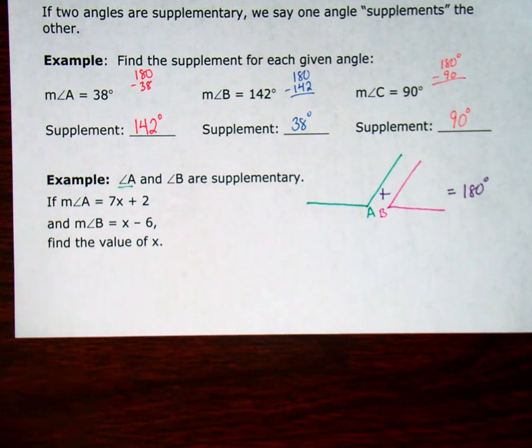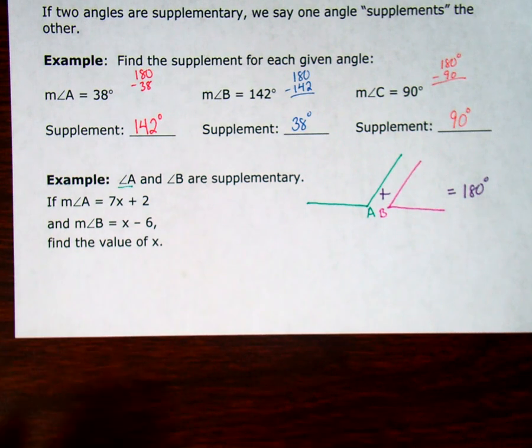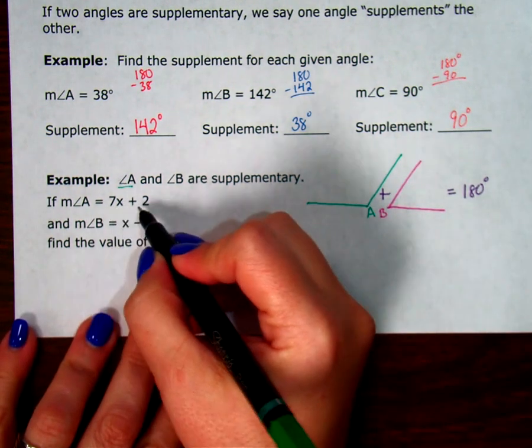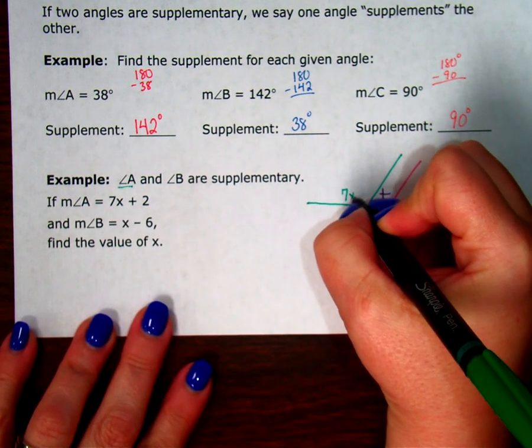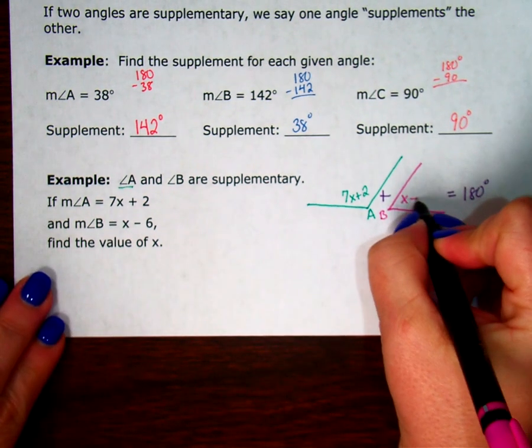If I slide those two angles together, it's going to give me a line along the bottom. Then it tells me the measure of angle A is 7x plus 2. And then it tells me the measure of angle B is x minus 6.